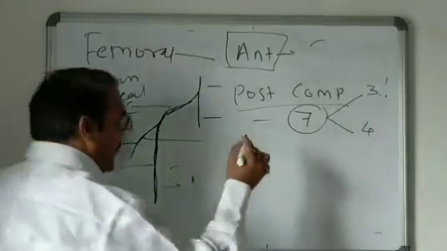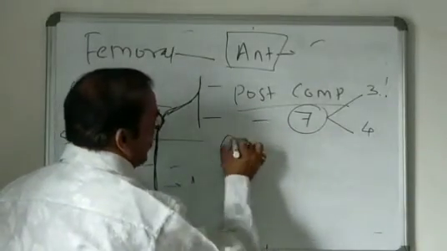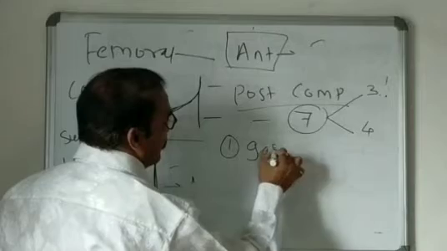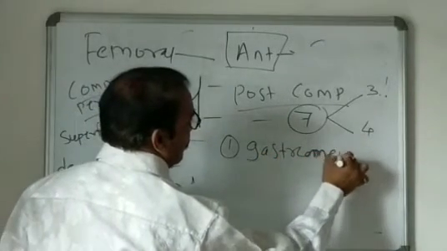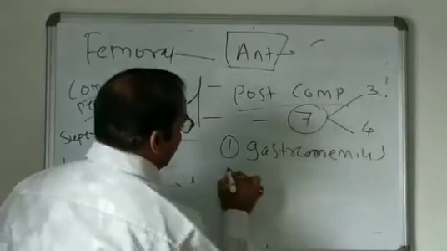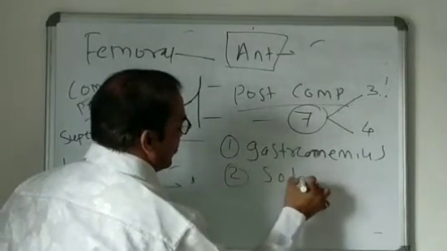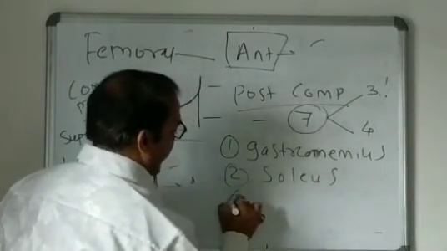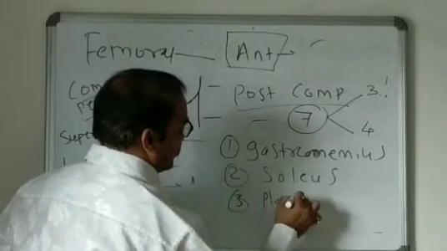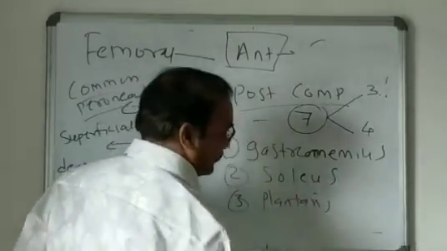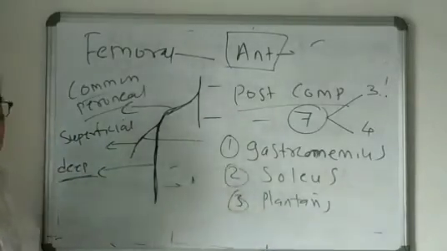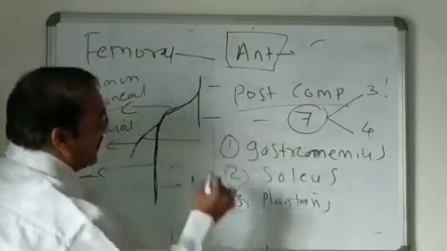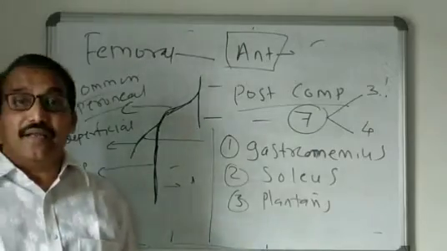The superficial muscles include the first one, gastrocnemius, then soleus and plantaris. These are also called the calf muscles. All these muscles are supplied by the tibial nerve.